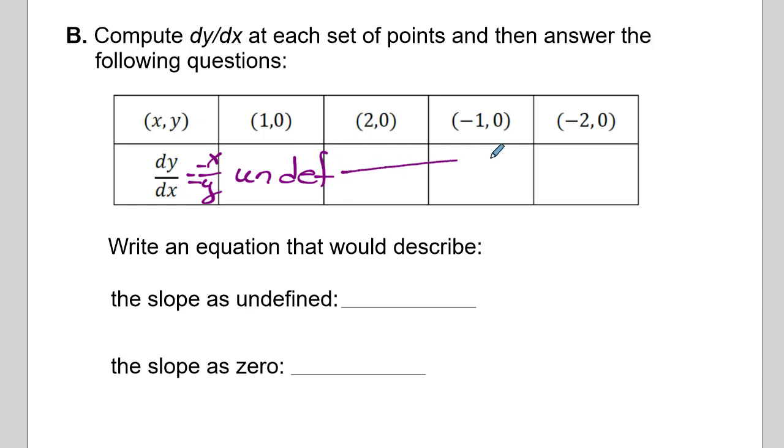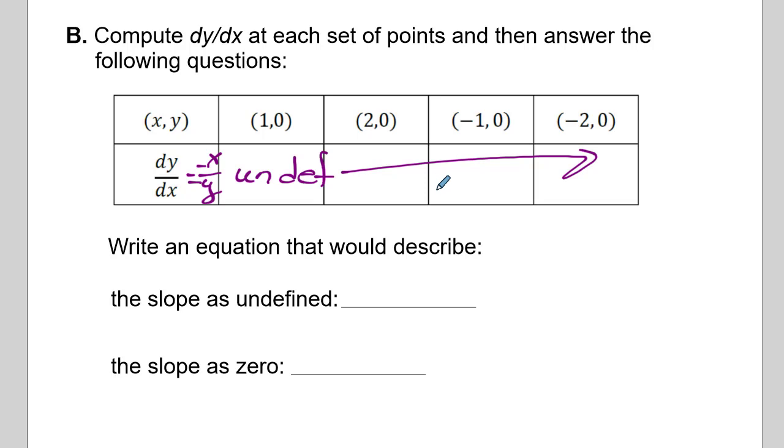If you'll permit me, I'll extend undefined through for all of the points that we're looking at here. What do we know about a line where the derivative or the slope would be undefined? We're talking about a vertical line, right?